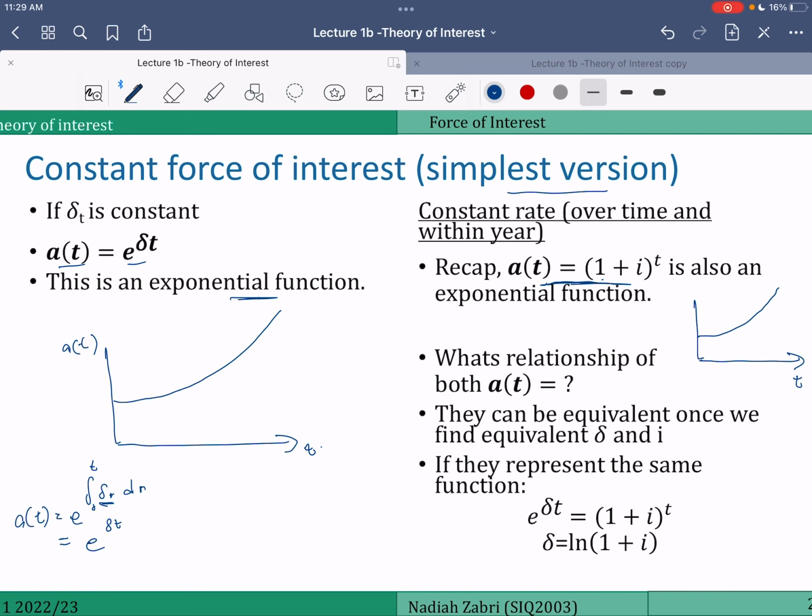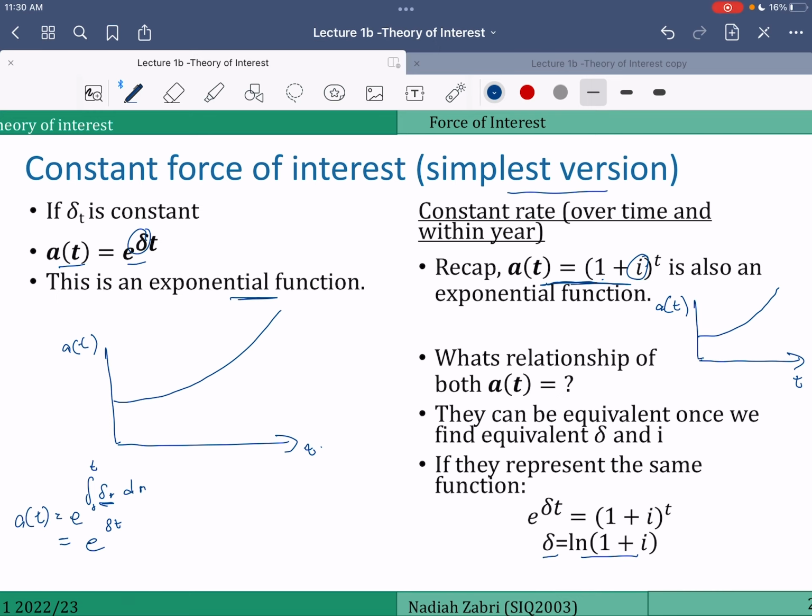So the interest is constant at i throughout time. So what's the relationship between these two accumulation functions? If this relationship holds between this i and this delta, then these two functions are exactly the same.